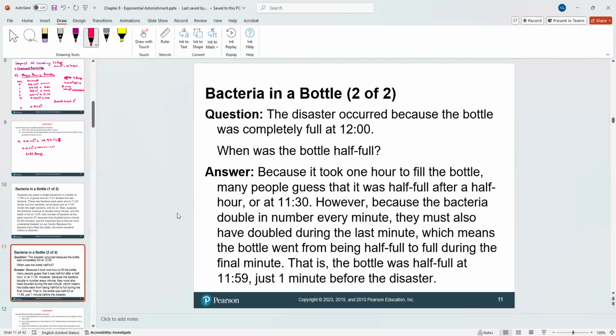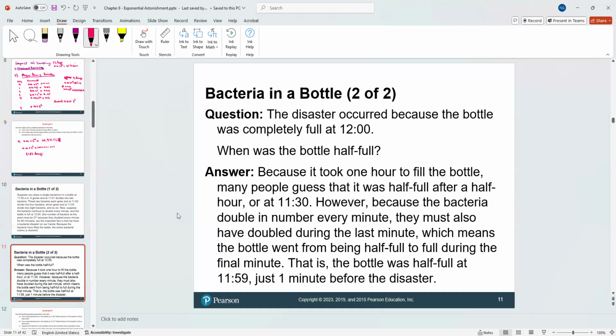So, question one: the disaster occurred because the bottle was completely full at 12. So when was the bottle half full? That was the question you were supposed to ask yourself. Because it took 1 hour to fill the bottle, many people guess that it was half full at the half hour, like 11:30, which is not true, because the bacteria double every minute.